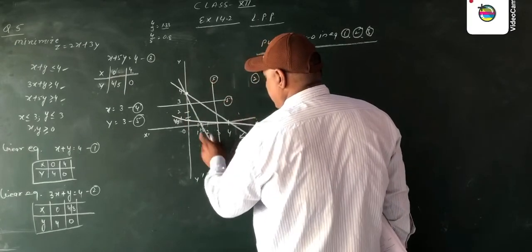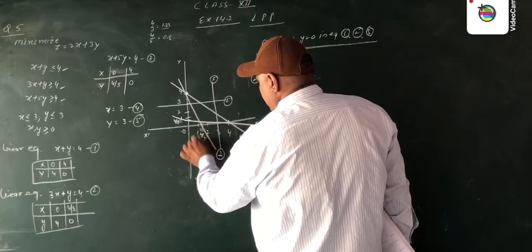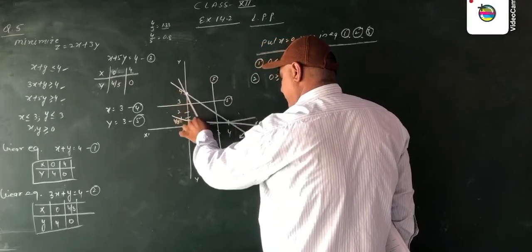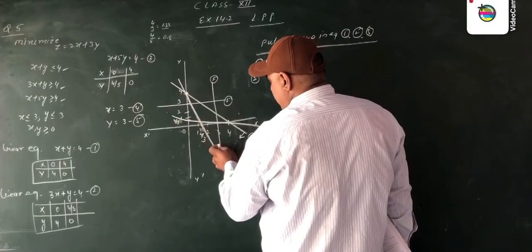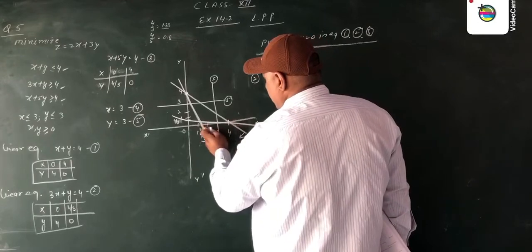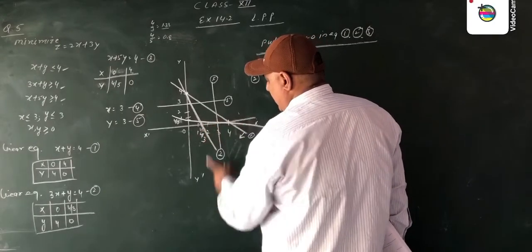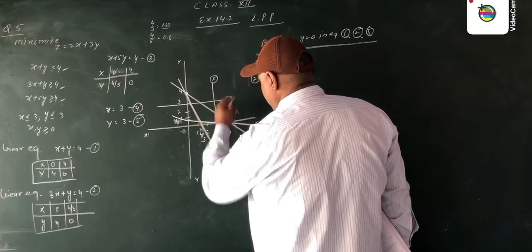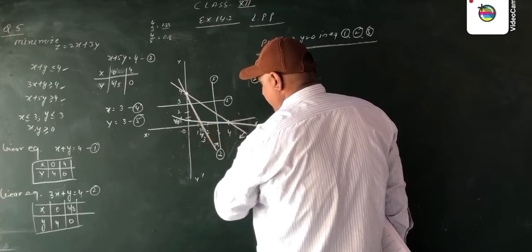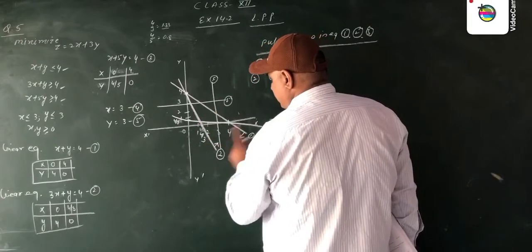Now we have to find the value of this. This is the graph of equation second. Now we get the area of the region opposite to the origin, toward the upper side. Now this is the area of these two lines.